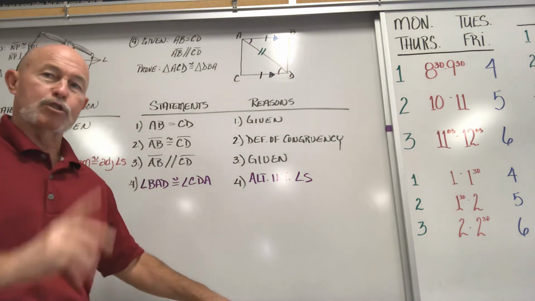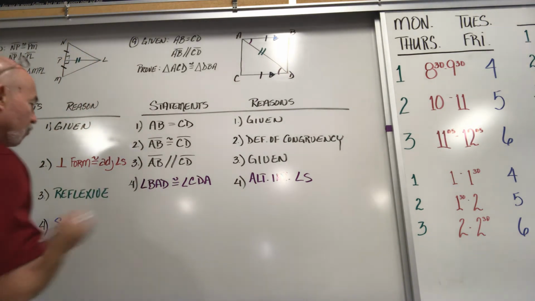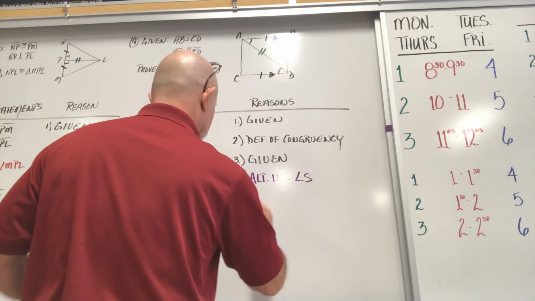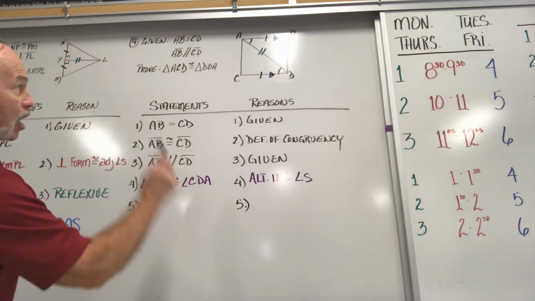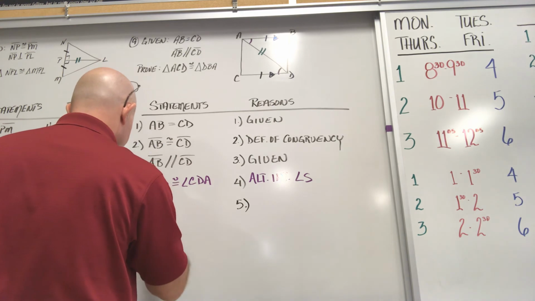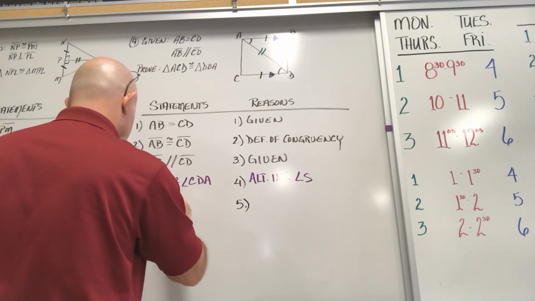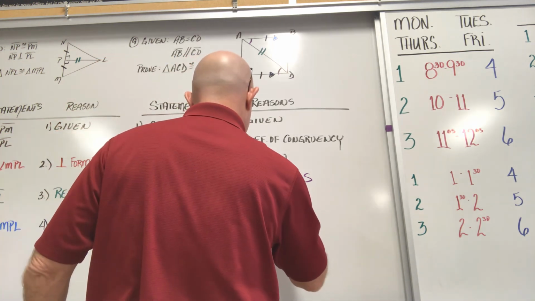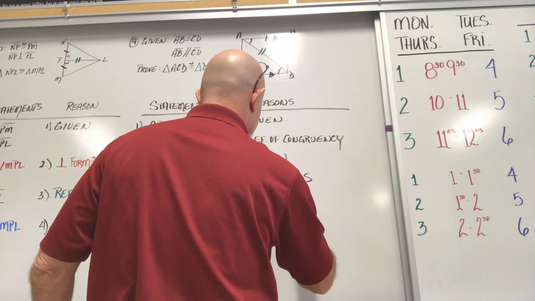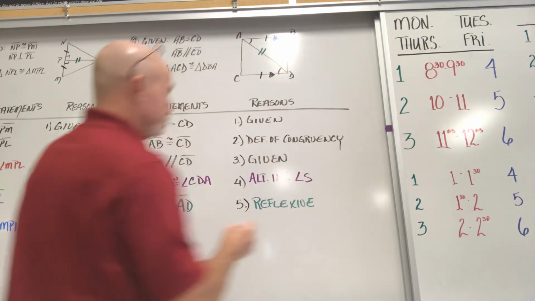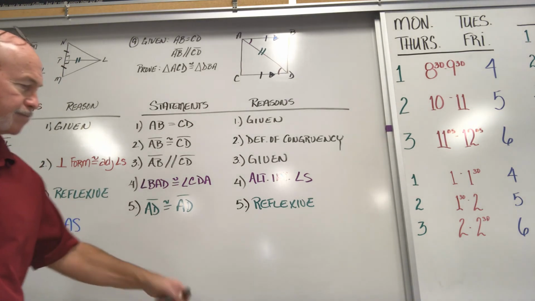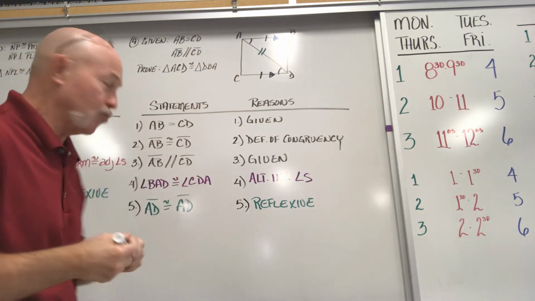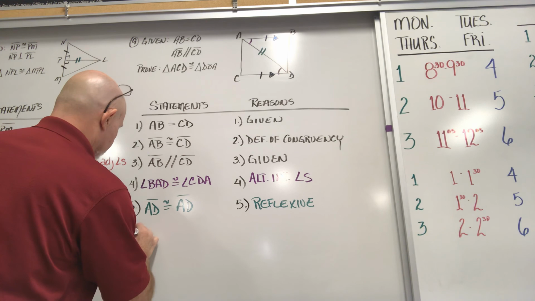Alternate interior angles are congruent. Then this is our common side again. There's the reflexive property, and that is all the items that we marked up there, so now we're done with this, and we can go to our last step.